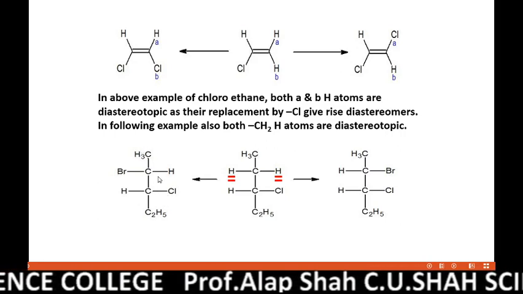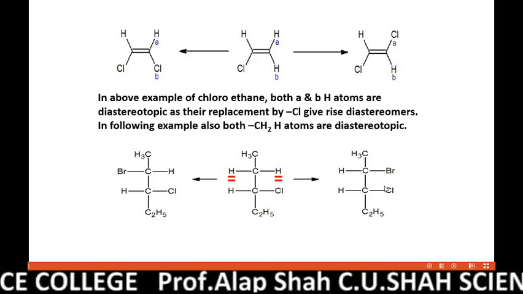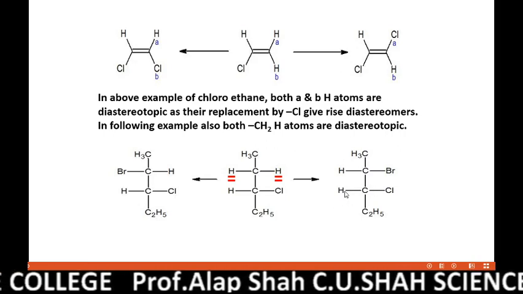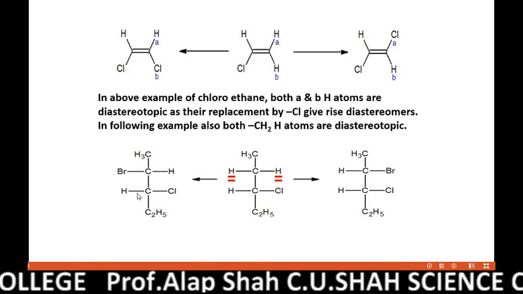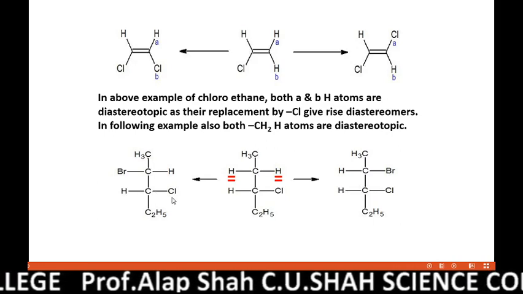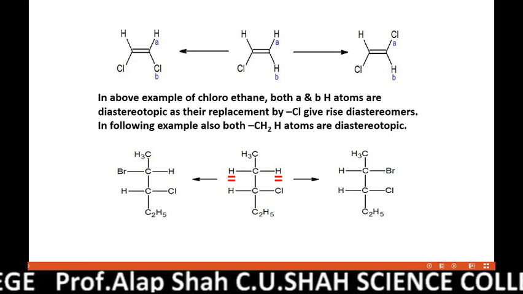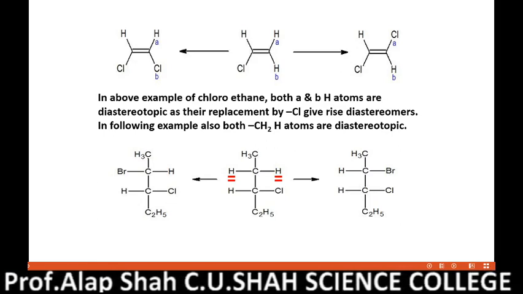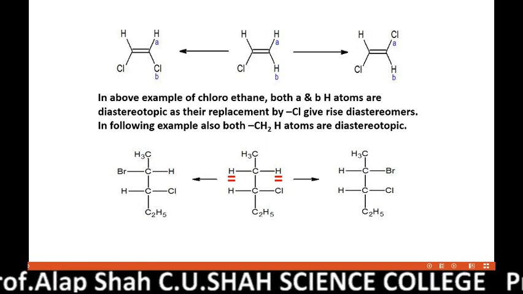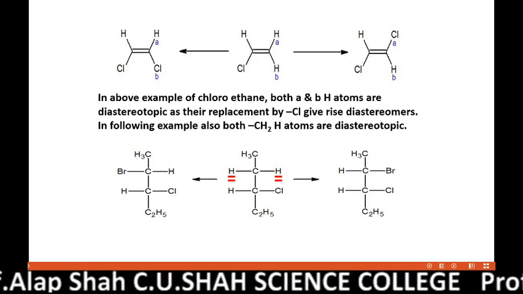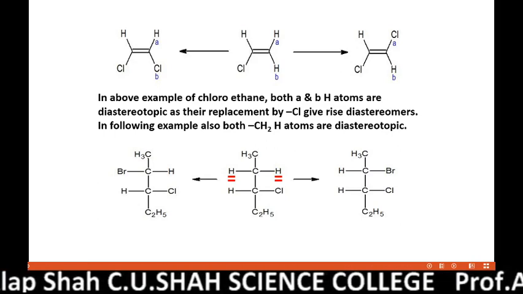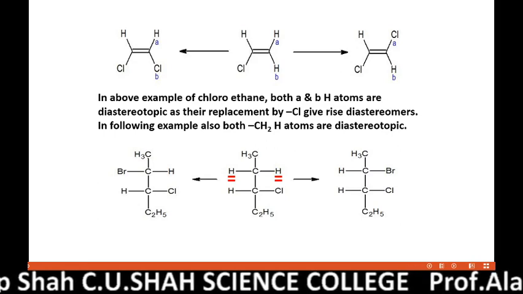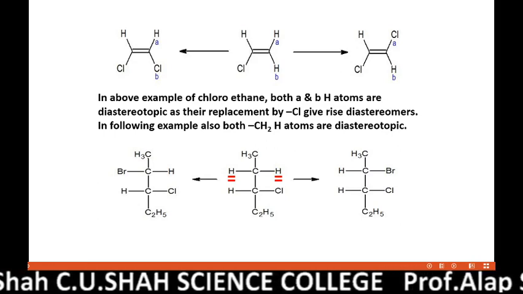Now see this one and the resultant isomer: because of this HCCl group, they are not mirror images, and they are not superimposable, so they are diastereomers of each other. So such atoms whose displacement gives rise to diastereomers are called diastereotopic protons.